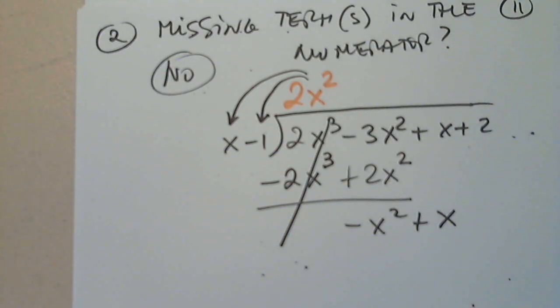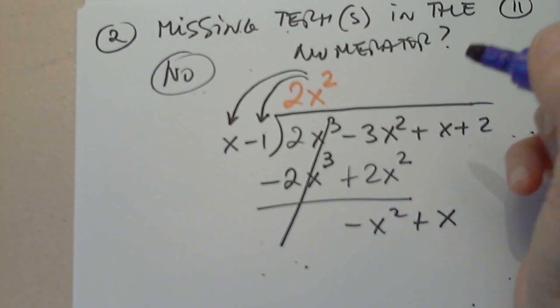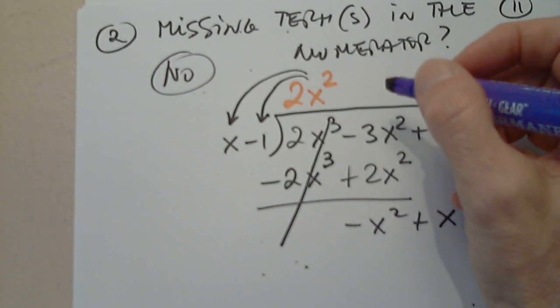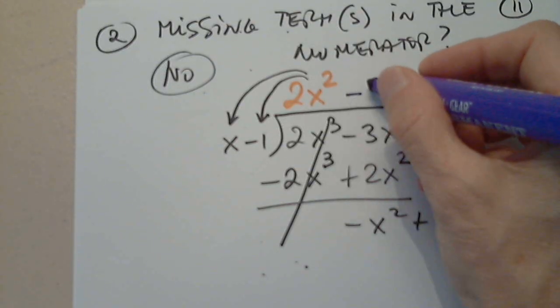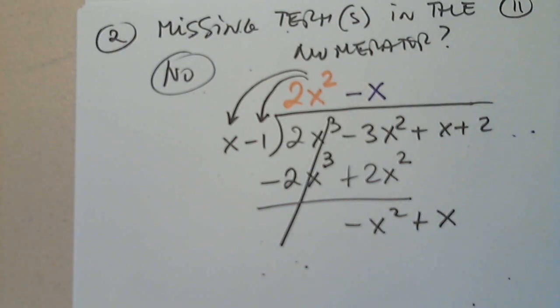X times what is negative x squared? Negative x. I go back and distribute. Negative x times x is negative x squared. I have to change the sign to the opposite. Negative x times negative 1 is positive x.